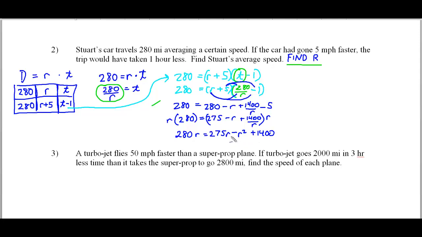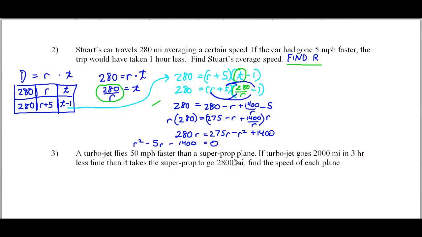Now what I'm going to do is move everything over to the left hand side. I'm going to move my r squared over, so it's now a positive r squared. I am going to subtract the 275 from the 280, so that just makes a positive 5r. And then I'm subtracting the 1,400, and now that's equal to 0.